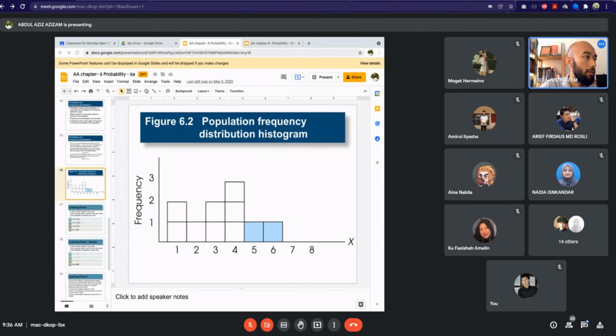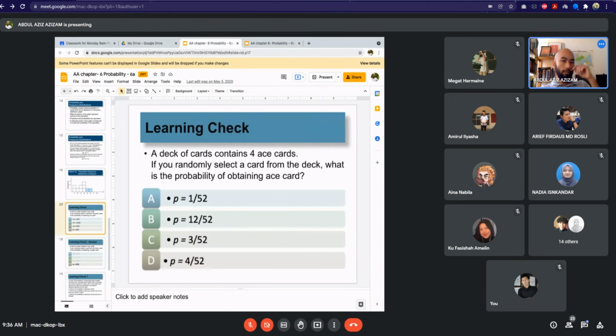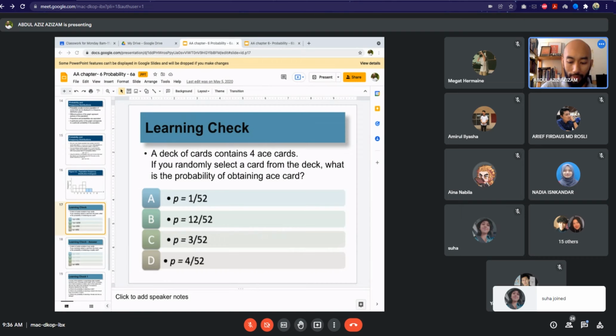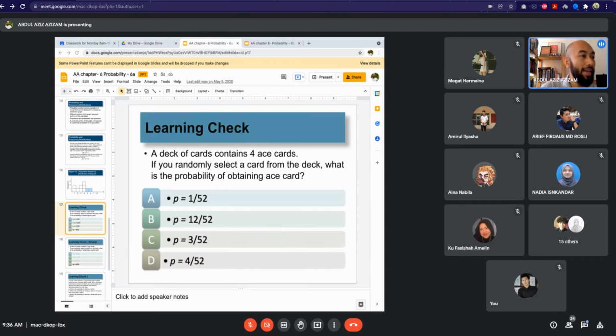Right. Okay, now. Macam mana nak faham ni? Okay. A deck of cards contain 4 ace cards.